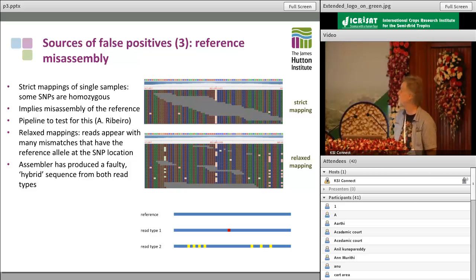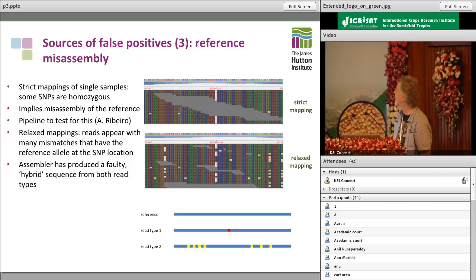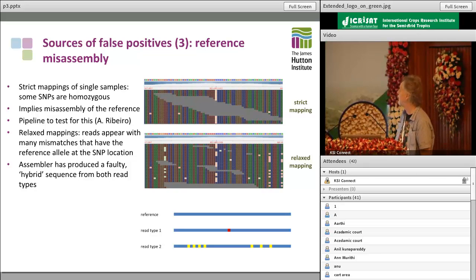In this case, with strict mapping, what you find here is that all of the reads show a difference from the false case. Again, with more relaxed mapping, yes, it sort of works, but you get essentially lots of mismatch reads occurring here. So there's quite a number of occasions just from the mapping side of the process where you can have problems.